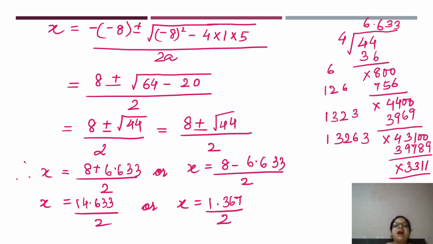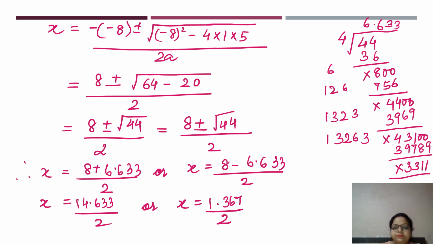44, and what we get, the answer is that x is equal to 8 plus 6.633 upon 2, or x is equal to 8 minus 6.633 upon 2. So in the first case, we get a value as 14.633 upon 2, or the second value of x as 1.367 upon 2.